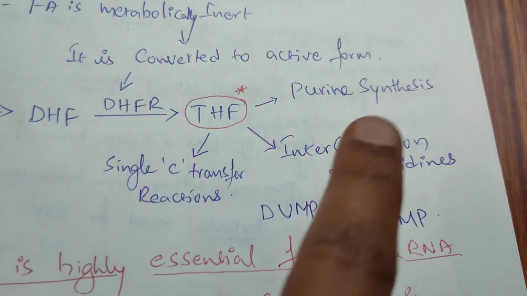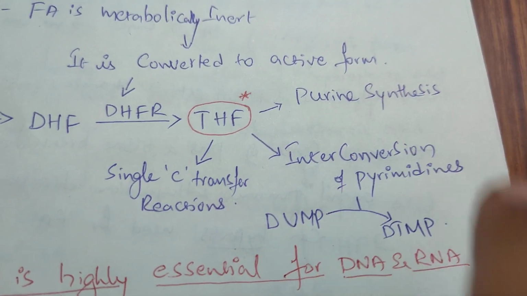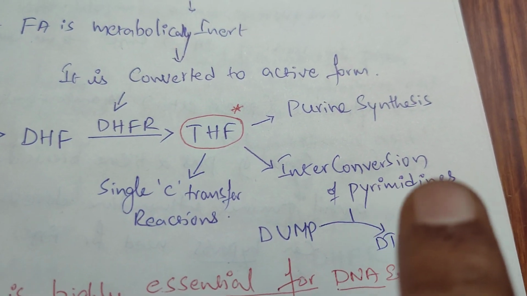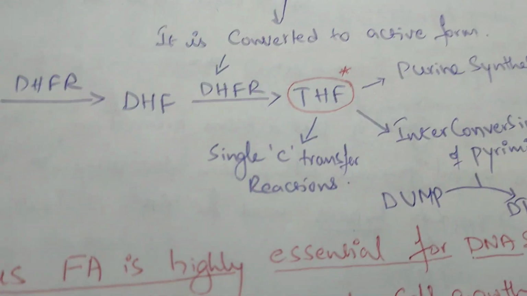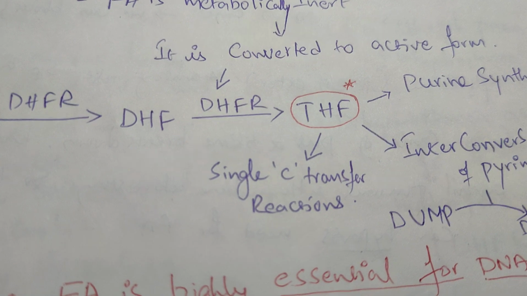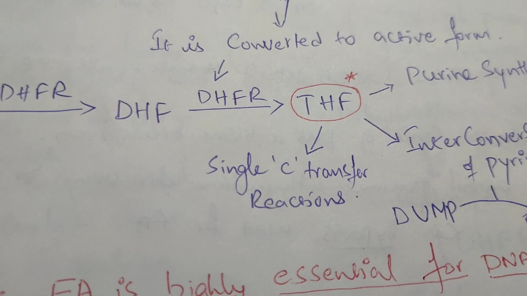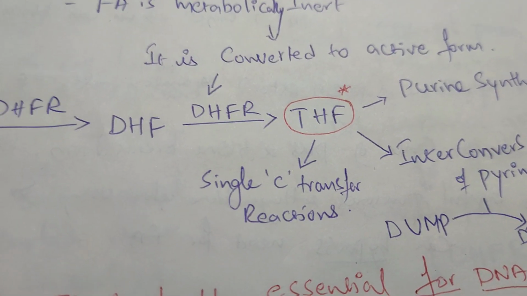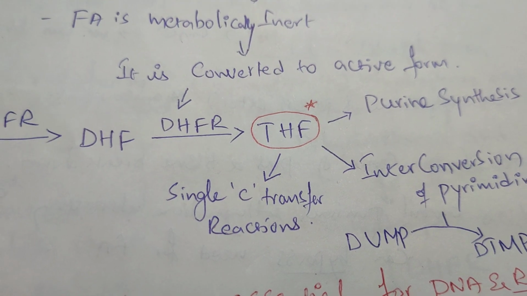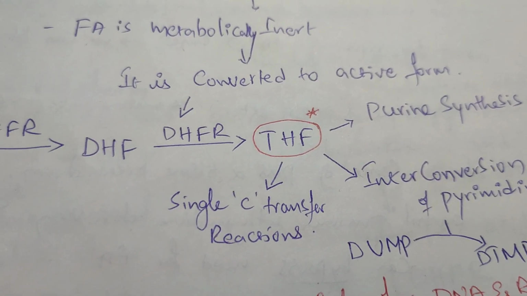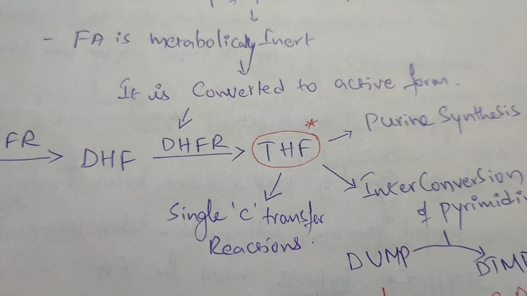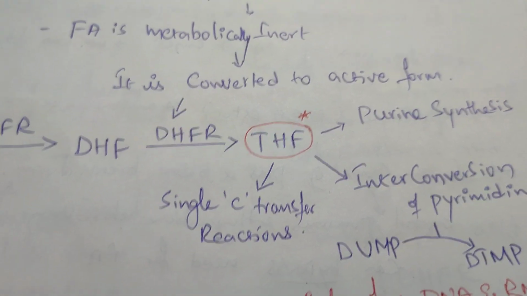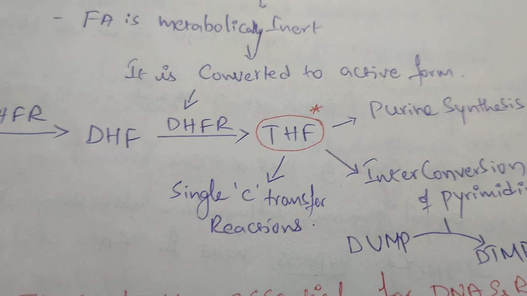Once again to summarize, this tetrahydrofolic acid contributes to purine synthesis, it contributes to the interconversion of pyrimidines like uridyl to thymidylate, and it is also involved as a cofactor in single carbon transfer reactions in our body. For example, glycine is also produced in the presence of tetrahydrofolic acid. Like that, it contributes in various metabolic pathways.